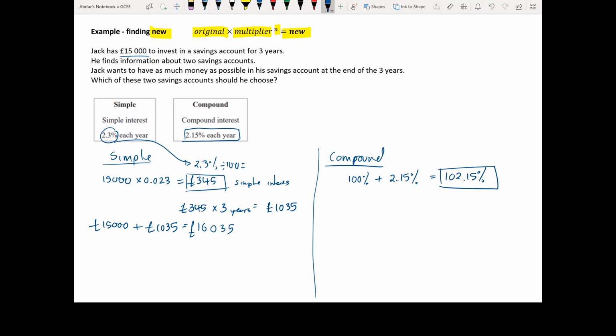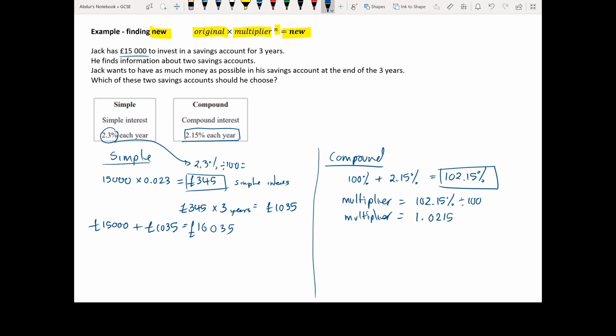We then need to turn this into a decimal multiplier. Here I'll write down multiplier is equal to 102.15% divided by 100 to turn it into a decimal multiplier. That gets us 1.0215 as a decimal multiplier. This is our multiplier in our equation.